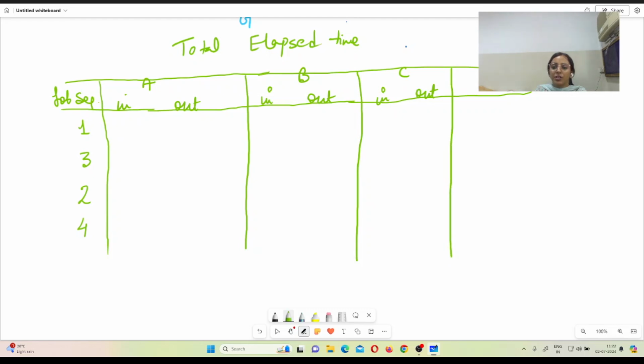Then we have machine D, in and out, and then the last we have machine E, again with in and out values, right? So this is the way we have to do all these questions.